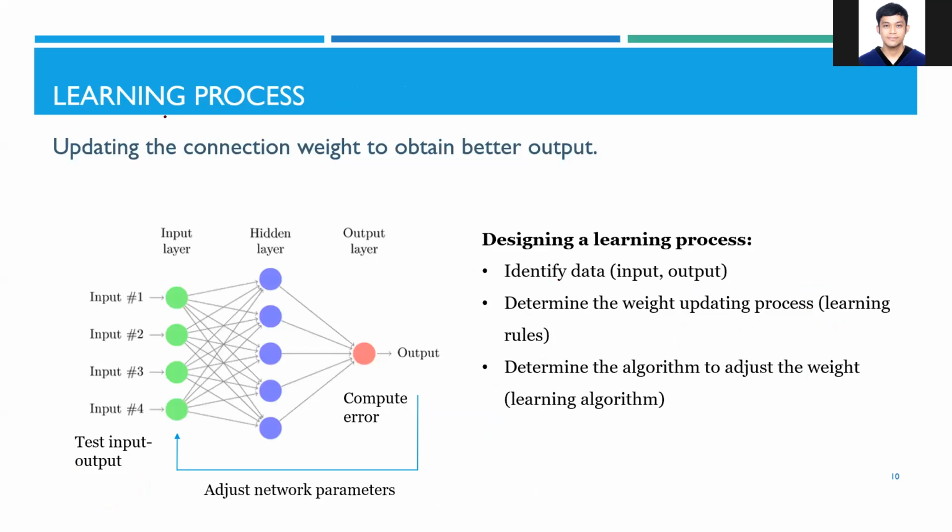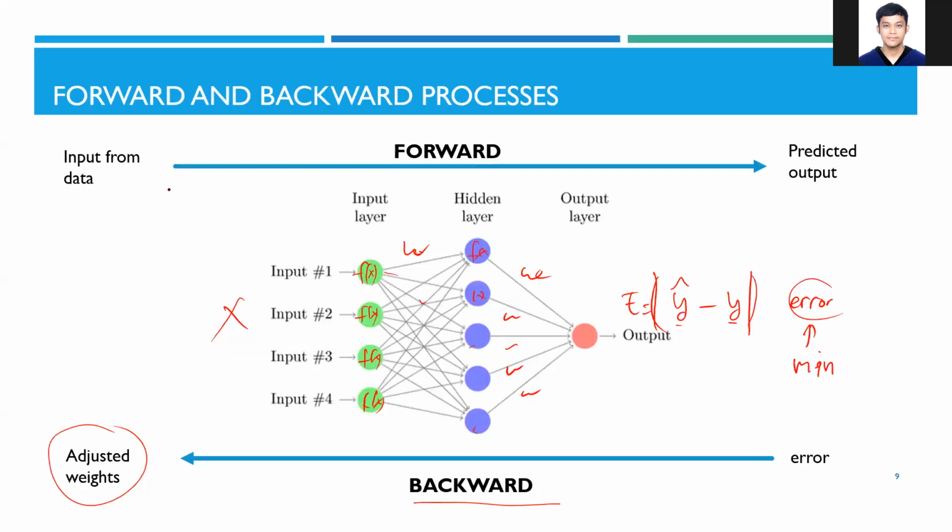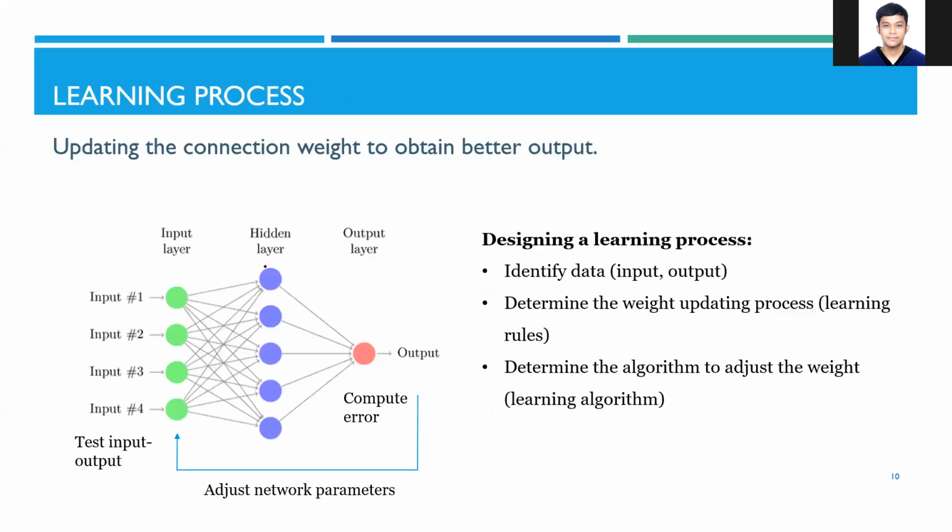Before that, the learning process. What I just described here, forward and backward, is what we call the learning process. Sometimes when you read about artificial neural networks or deep learning, you will read about the learning process.